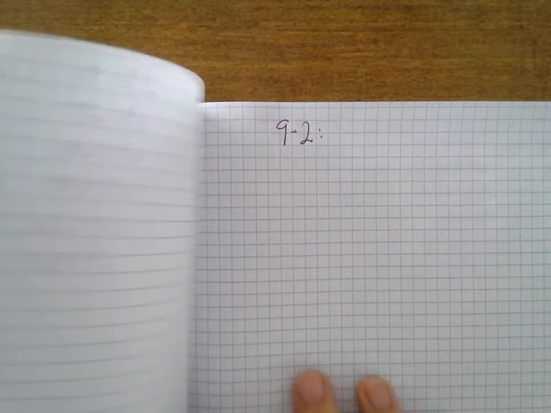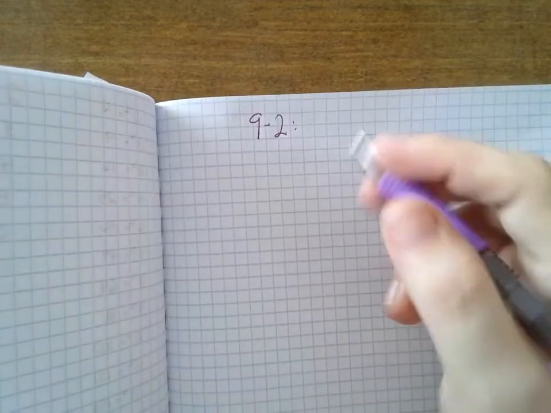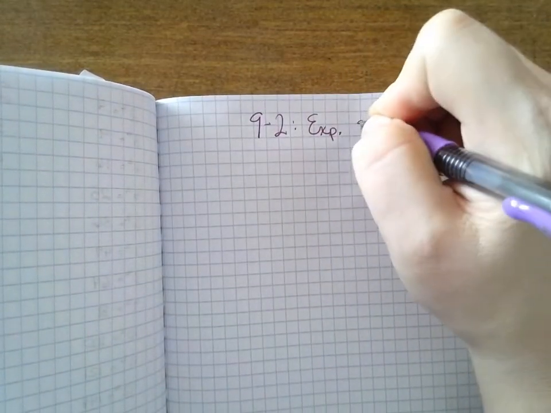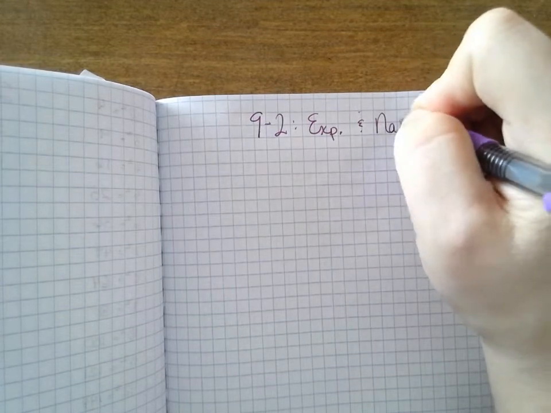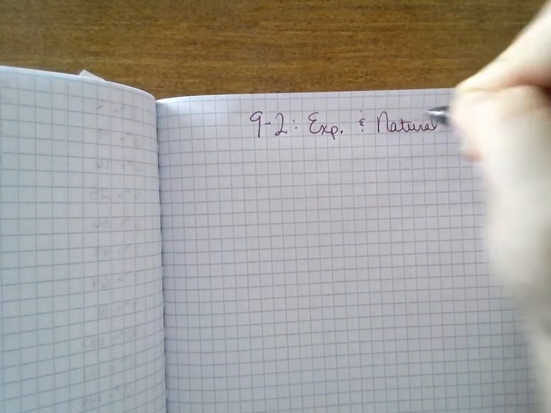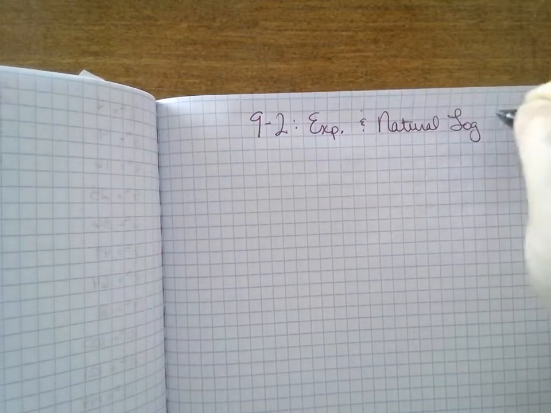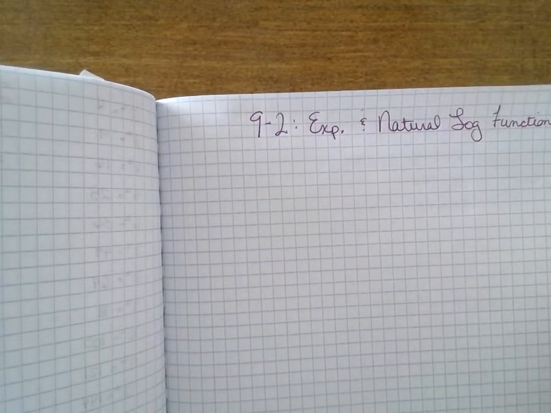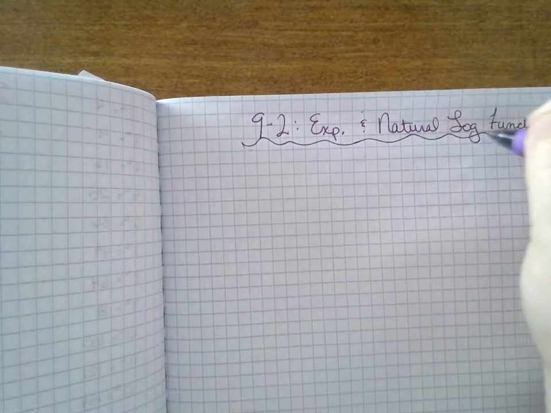9-2, this is exponential and natural log functions.